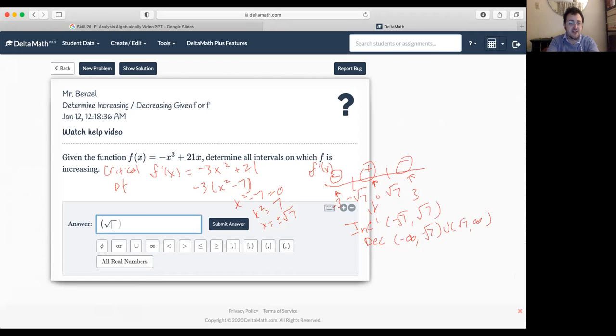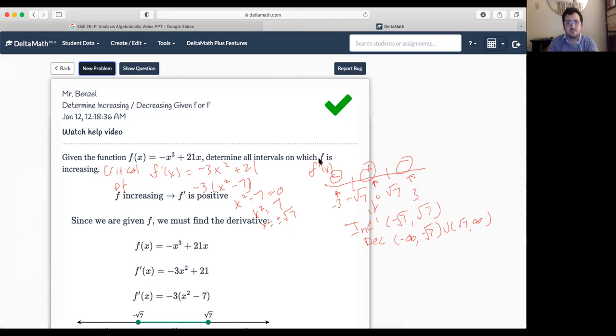If I just write SQRT, it will give me a square root symbol, put a negative sign, and make sure that you're outside of the square root. And then we have a square root of 7 as well. And we're good.